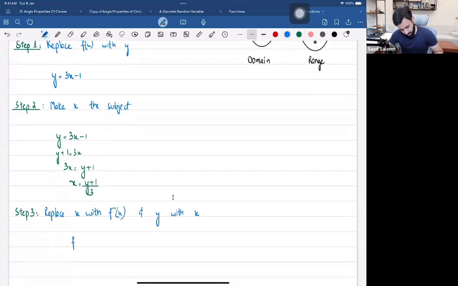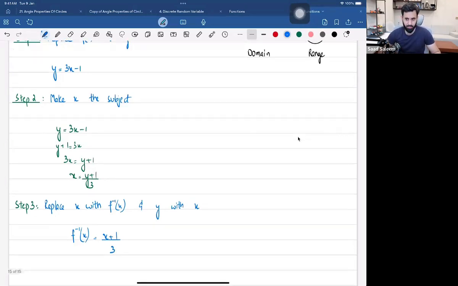So this now becomes f inverse of x equals (x plus 1) upon 3. This is usually the most preferred method, that you replace x with f inverse of x and y with x.